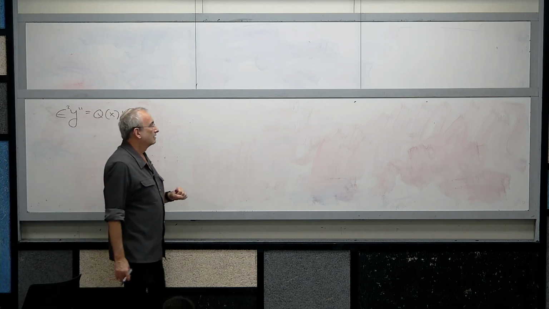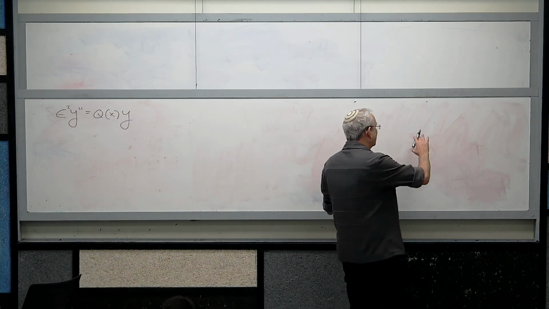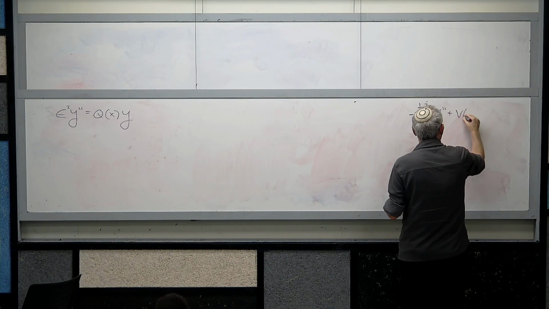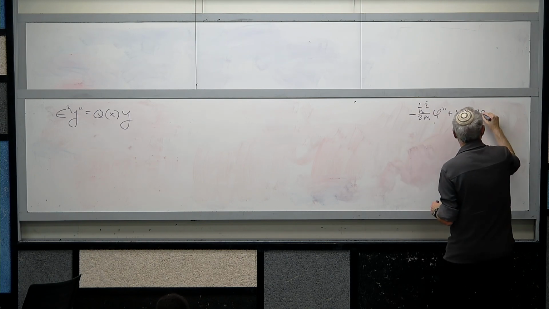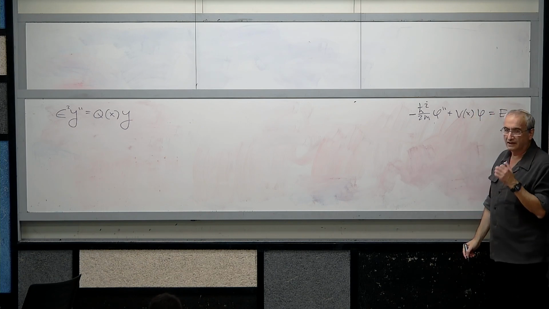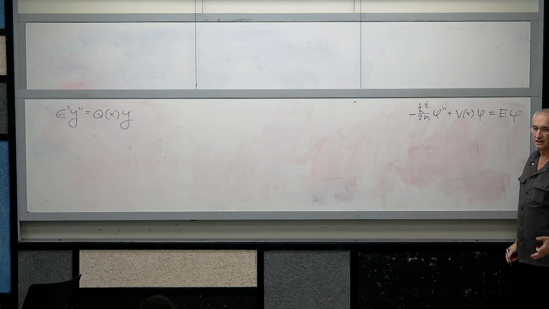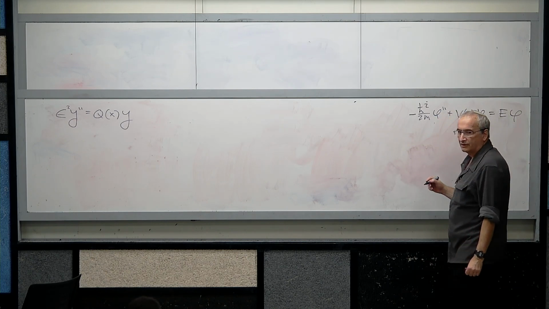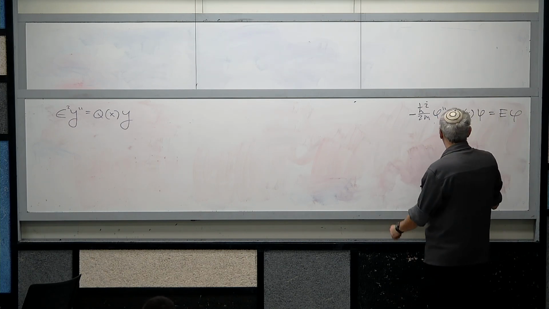Now, just to establish the connection, if we have a function like that, then you can easily recognize it as a Schrödinger equation. So the Schrödinger equation maps to this form.